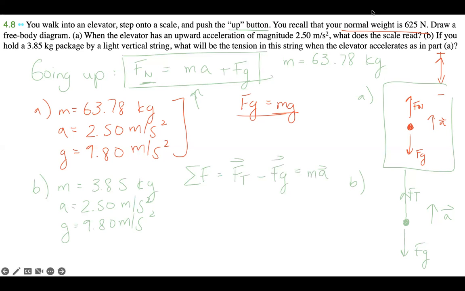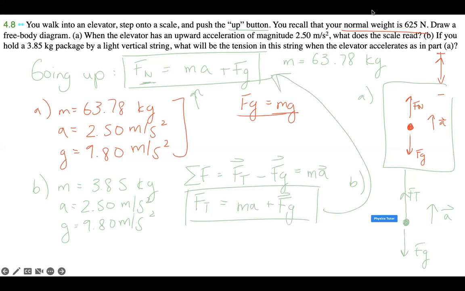Okay. Anyways, so now if we want to solve for the tension in the string, we just need to isolate for Ft. So Ft is equal to Ma plus Fg. This looks pretty much identical to this equation right over here. And all we're going to do now is plug in our values.